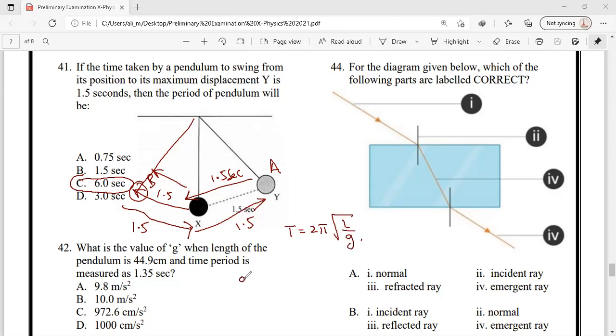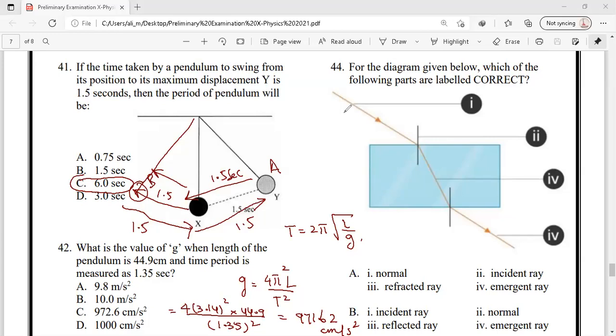So for the value of g, it will be equal to 4π² L over T². Substituting the values, 3.14 squared multiplied by length 44.9, divided by T squared, that is 1.35 squared.